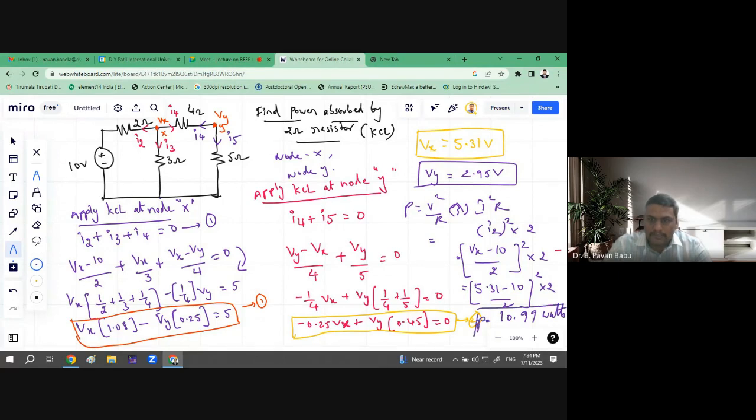Please check with the answer. This is the power absorbed by the 2 ohm resistor as per KCL.